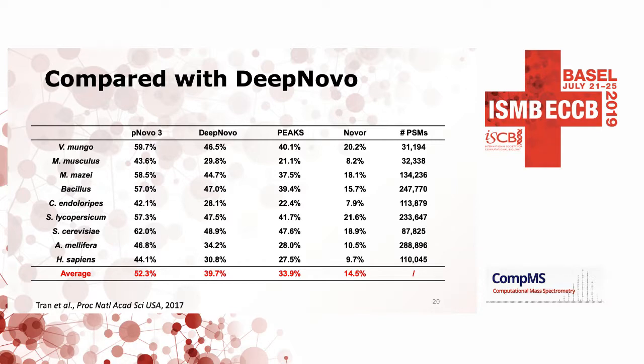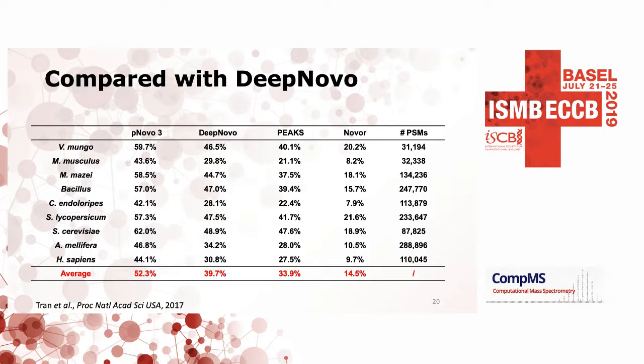So we just downloaded the original results of DeepNovo rather than reanalyzing the dataset using the unified model provided in the software. Then we tested pNovo 3 with the same 9 datasets to make a fair comparison. The benchmark strategy was the same as that shown before.